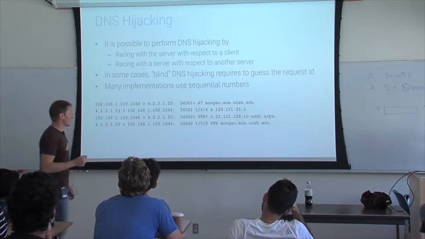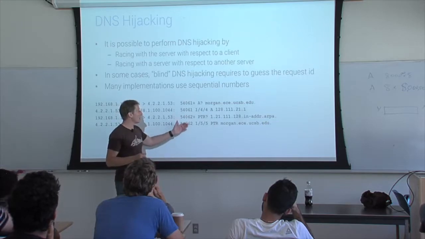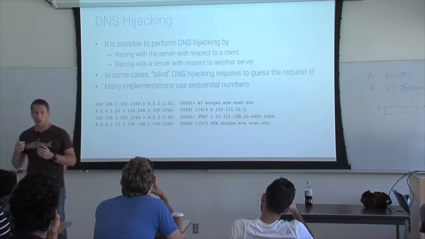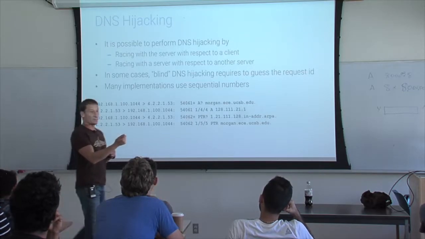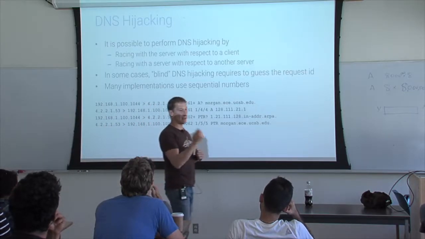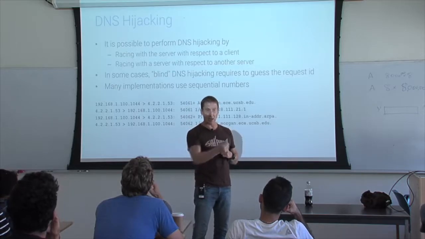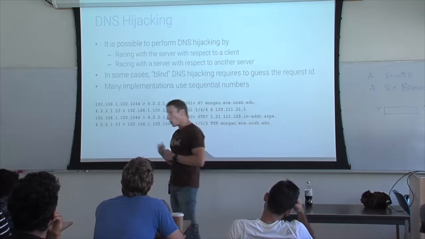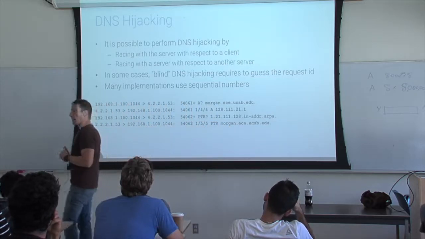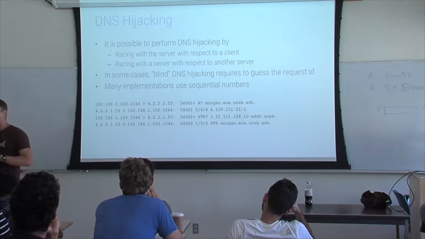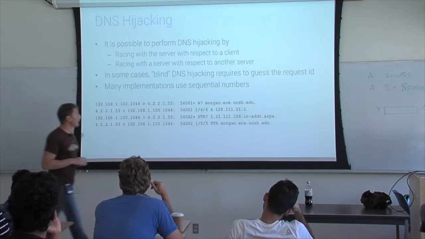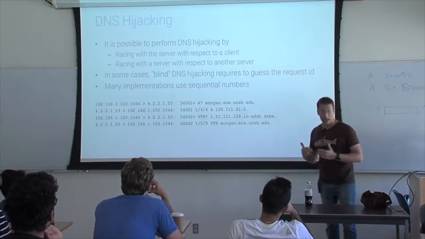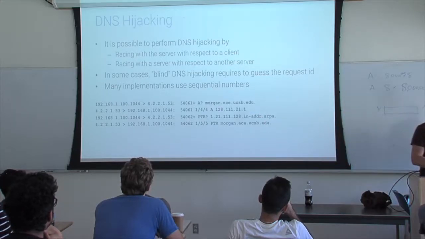So some servers, a long time ago, used sequential sequence numbers, so it was pretty easy to do. You would ask that server to resolve a name, get the number, then create the connection and send a spoofed DNS reply with the following sequence, assuming that the server will use the following sequence number, right? That would allow you to actually hijack a connection right there.